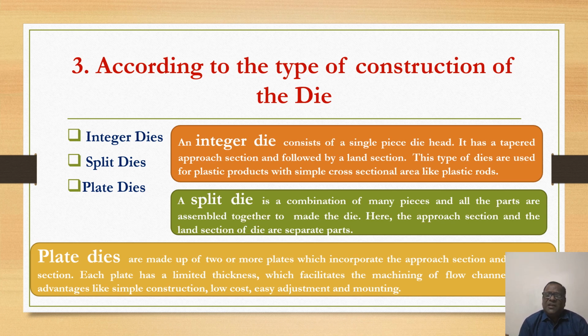So the land section itself will consist of so many steel plates, and the approach section will also consist of so many plates. So if you see the entire die, the total die will consist of so many plates, and finally you are assembling them together and making the die.